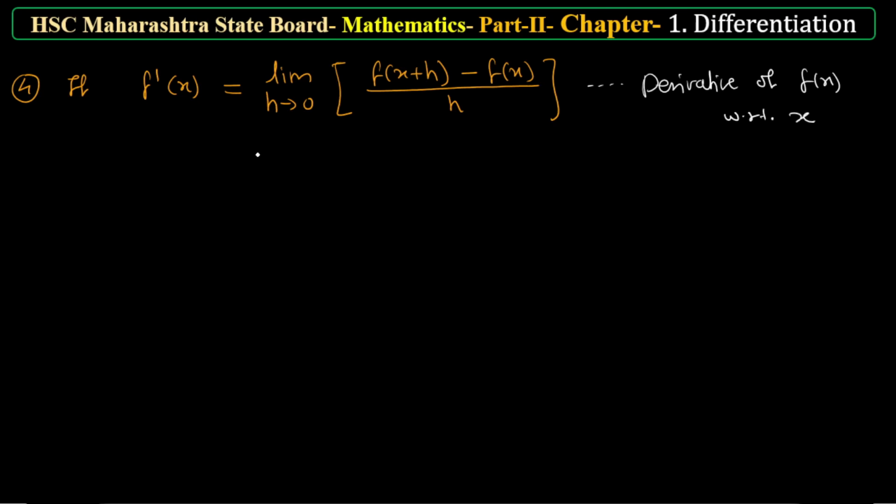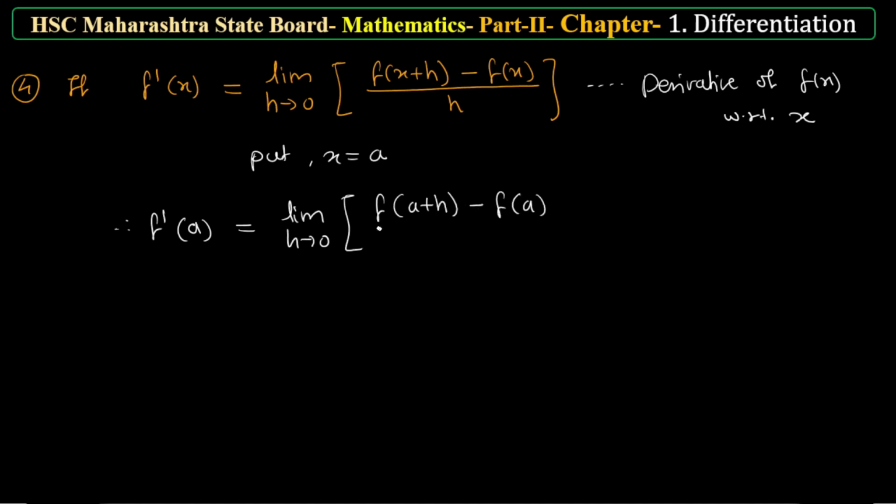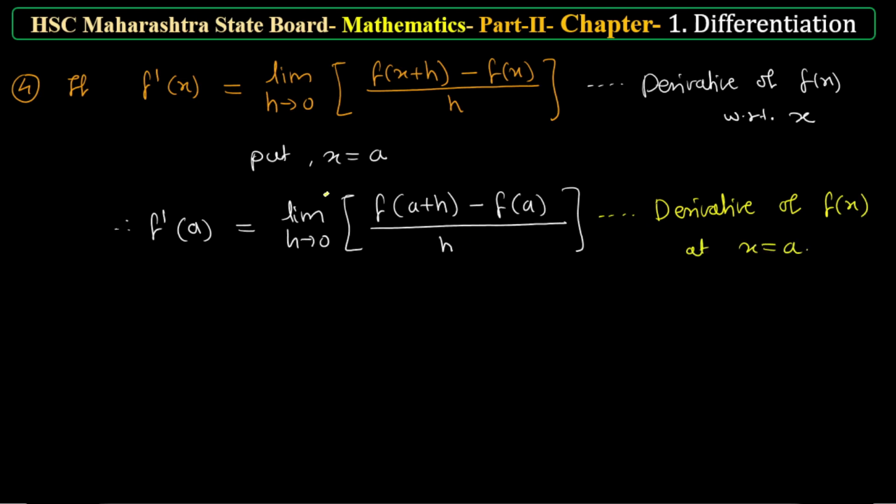Suppose we put x is equal to a, then f dash of a is equal to limit h tends to 0 of f of a plus h minus f of a divided by h. This is called the derivative of f of x at x is equal to a, the derivative of the function f of x at point a.